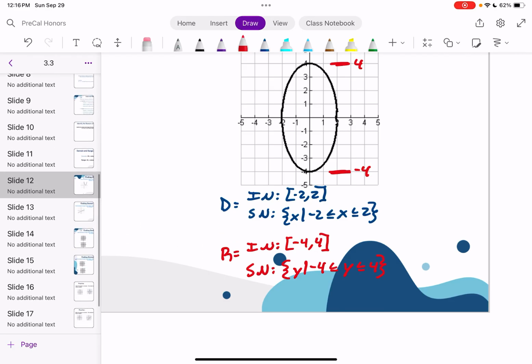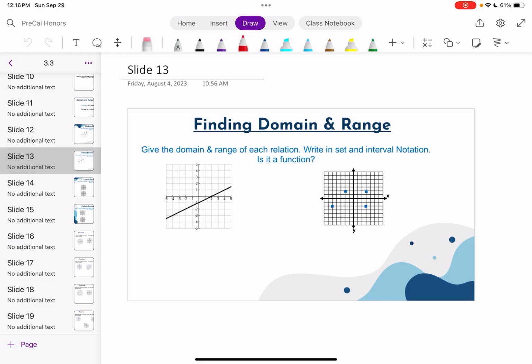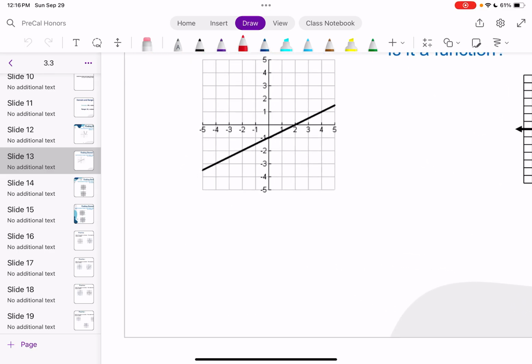Let's go ahead and take a look at slide 13. In slide 13, we take a look at the domain. Our interval notation for this graph would be from -infinity to +infinity.